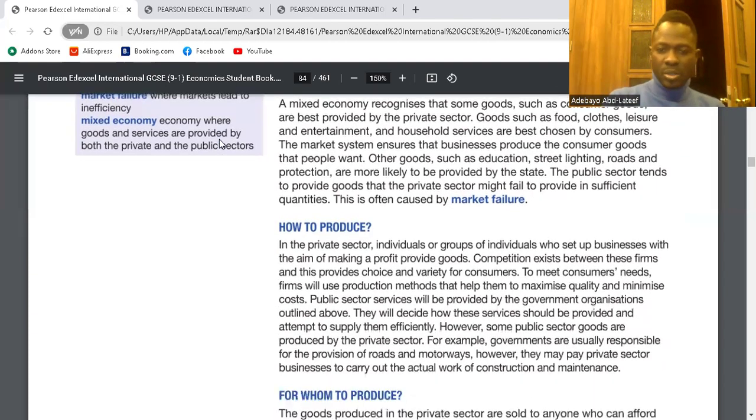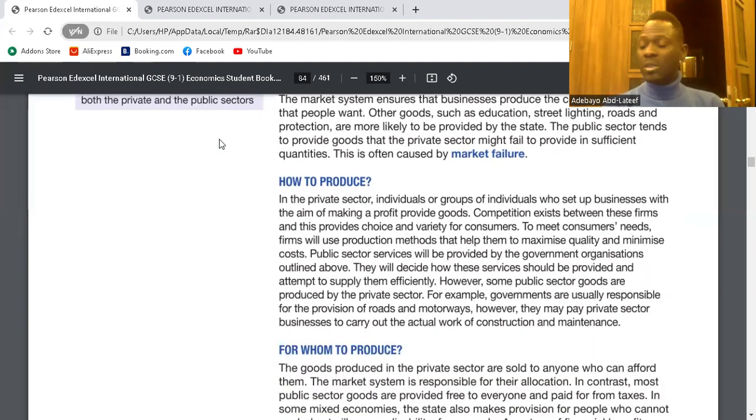So go to how to produce. In the private sector. So for how to produce, now the decision about what to produce is what kind of product do we have to produce for this economy? Well, because the economy has a problem of scarcity, we need to use our resources judiciously. To use them judiciously means to manage them without waste. We use them very well.